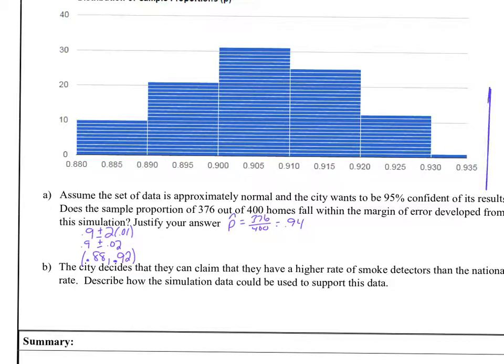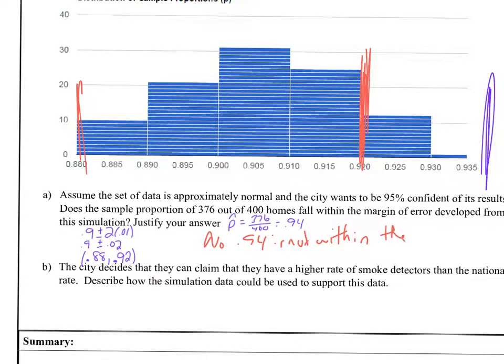And our interval only goes from 0.88 up to 0.92. Okay? So that's where our interval is, and 0.94 is way above. So no, 0.94 is not within the margin of error.